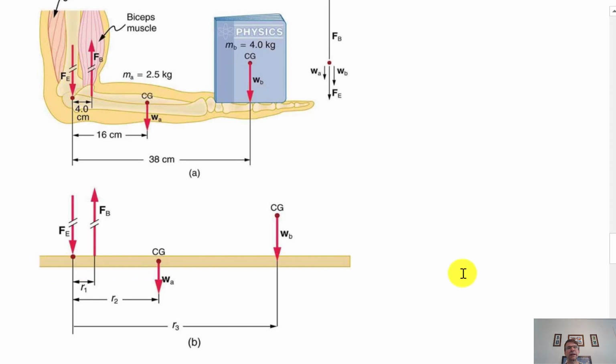I'm going to redraw that over here on the right. So there's the person's arm, and I usually stop my drawing where the forces are, but the hand does extend further. I kind of do their same diagram, but I'm going to put the numbers on here.